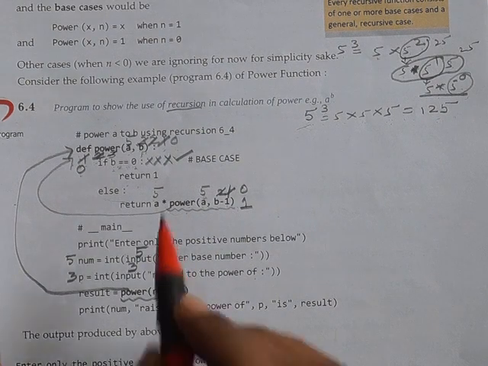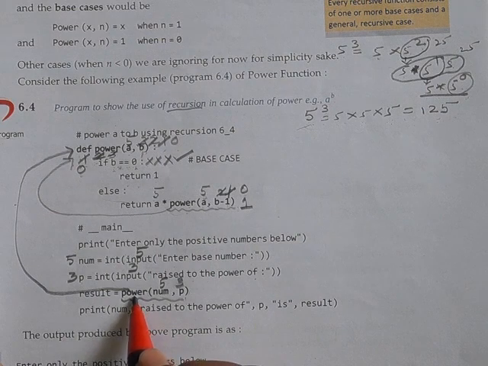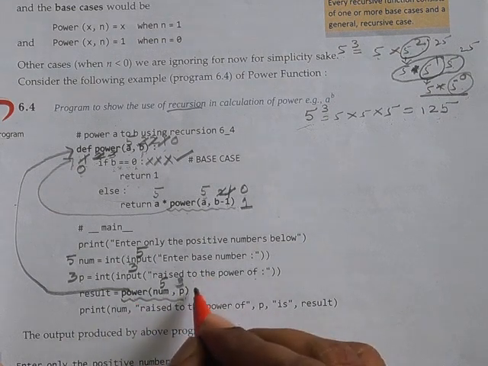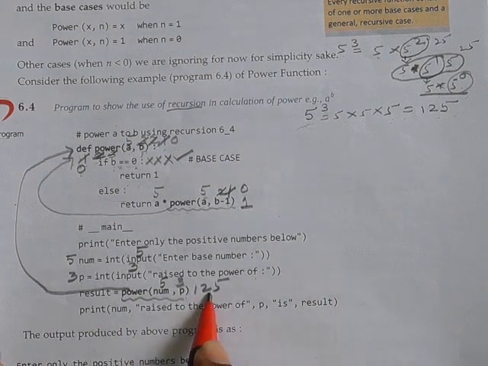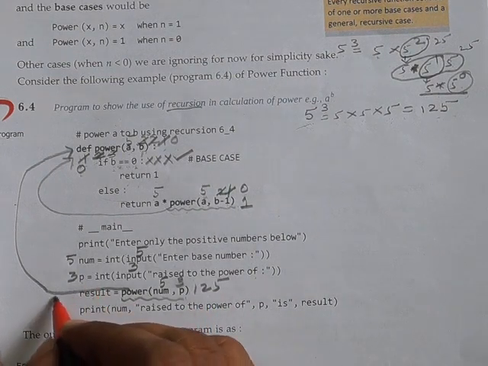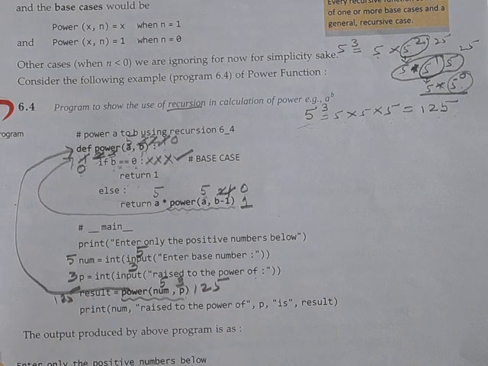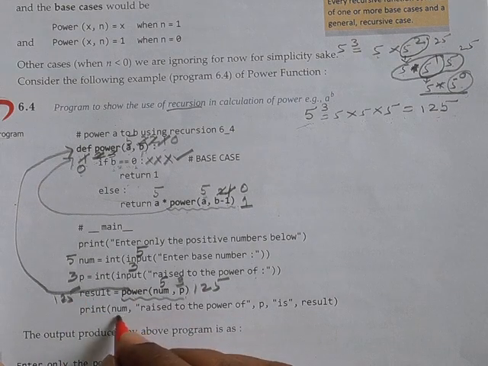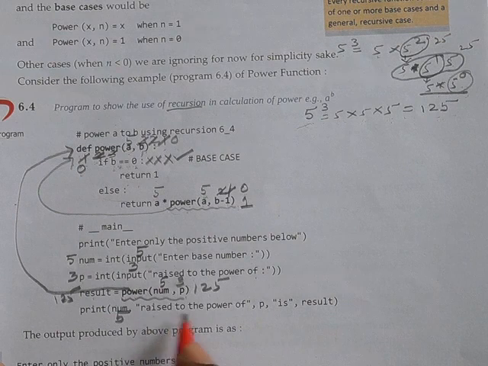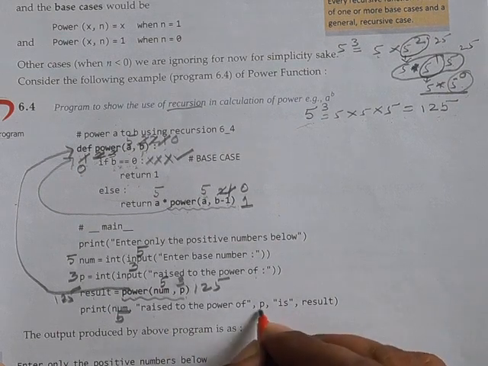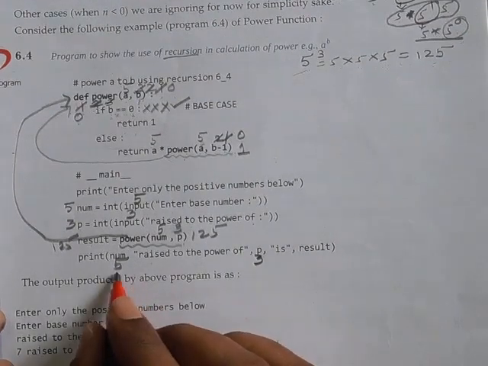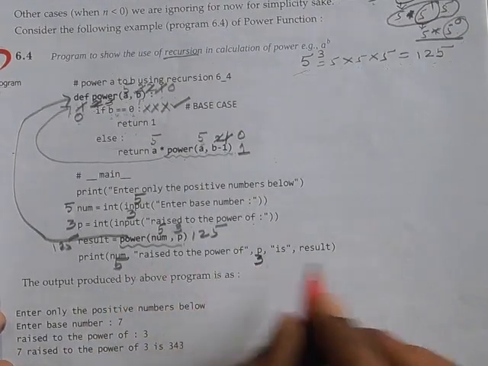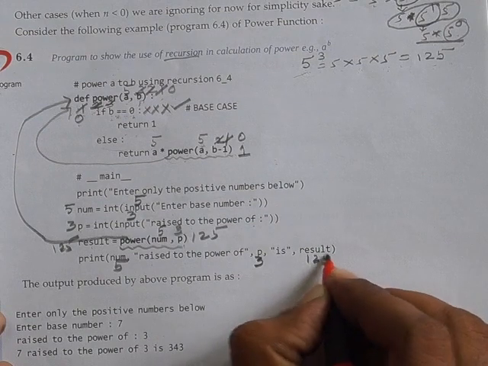Because of this statement, power 5 comma 3, the answer will become 125. So this 125 will be saved in result. Num means 5. 5 raised to the power of 3 is 125.